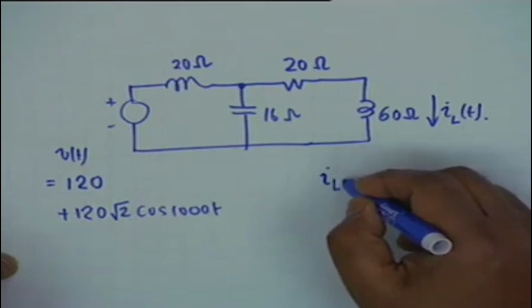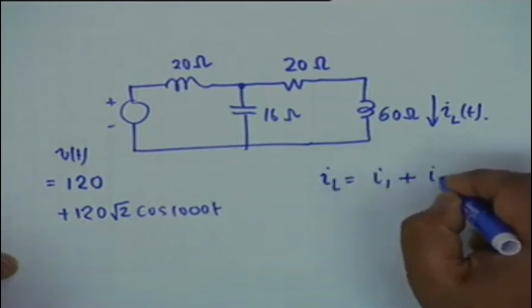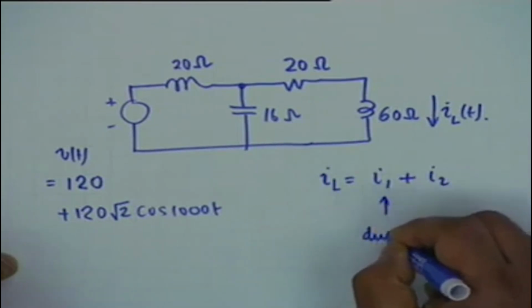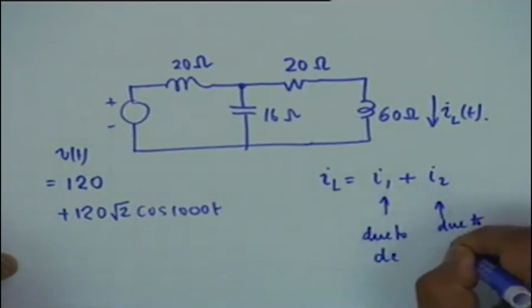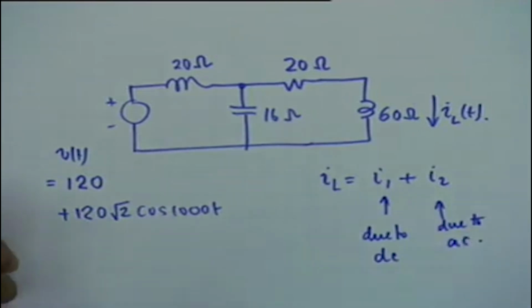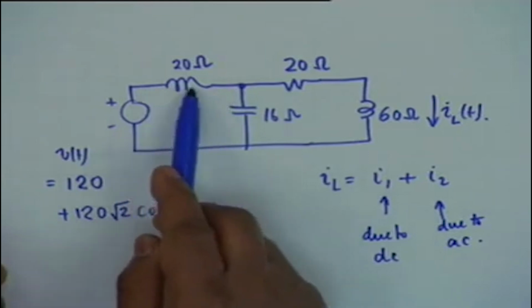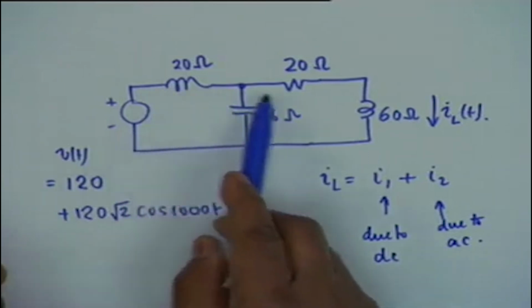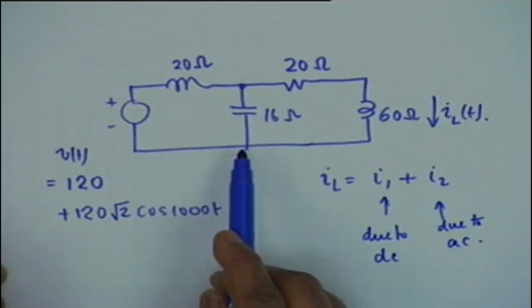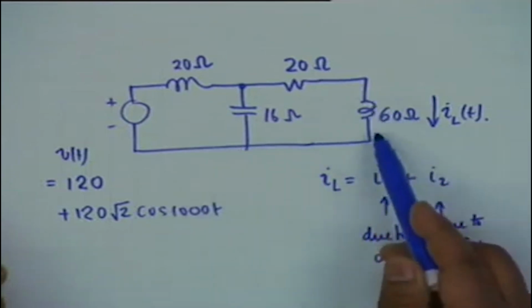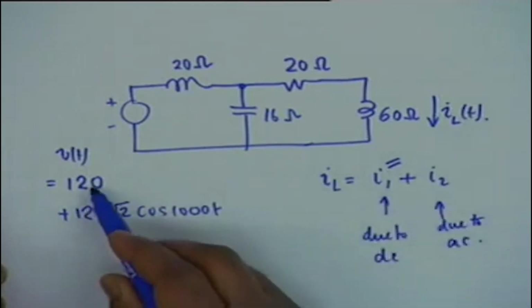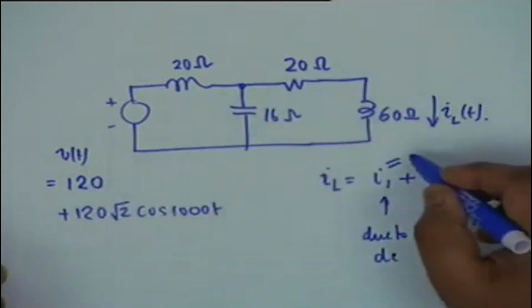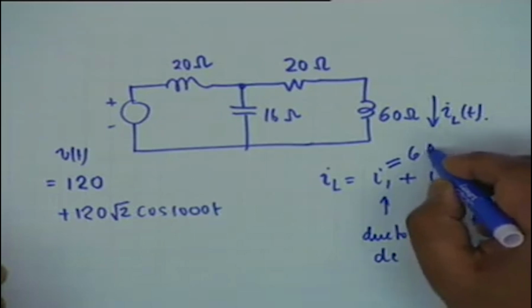That is, I write IL as I1 plus I2, I1 due to the DC source and I2 due to the AC source, and we can combine the two. As far as DC is concerned, you notice that this inductor is a short circuit, the capacitor is an open circuit, and this inductor is a short circuit, and therefore I1 you can very easily see is 120 divided by 20 ohms, that is I1 is 6 amperes.